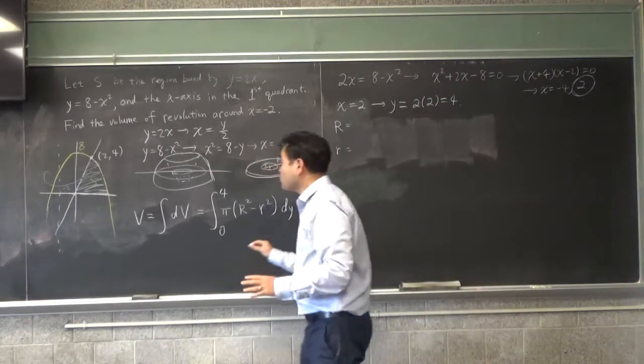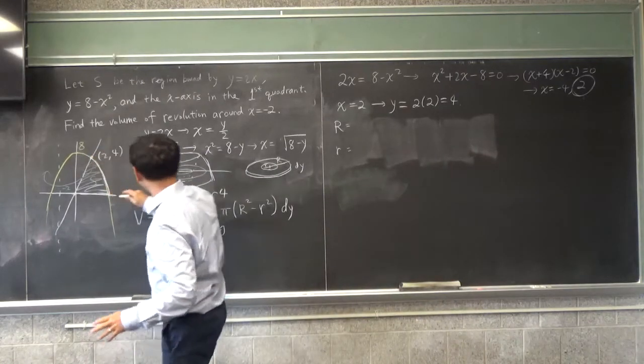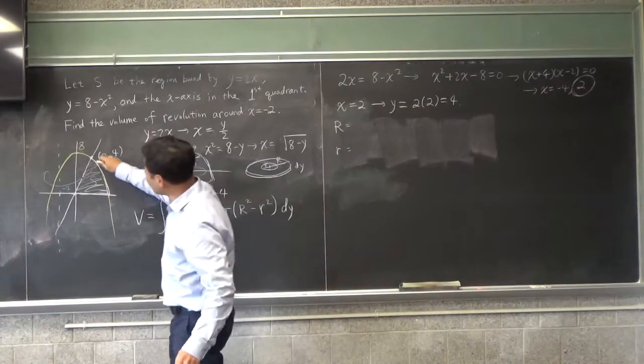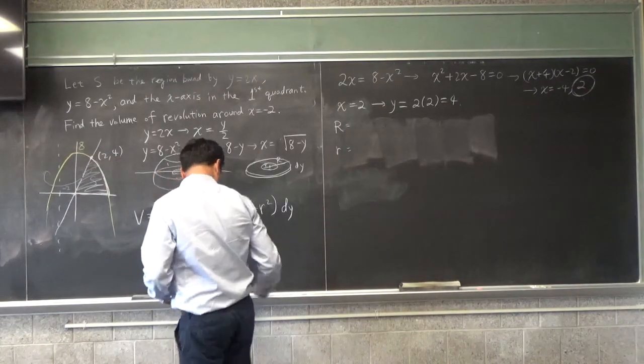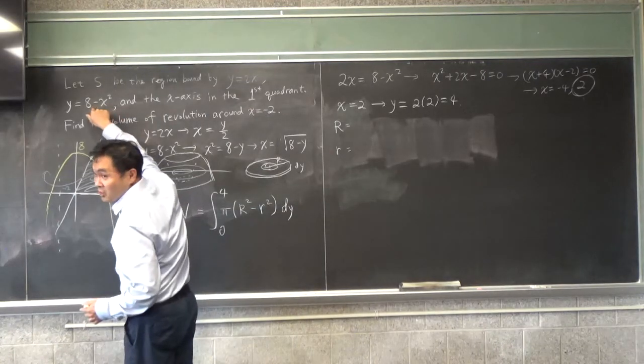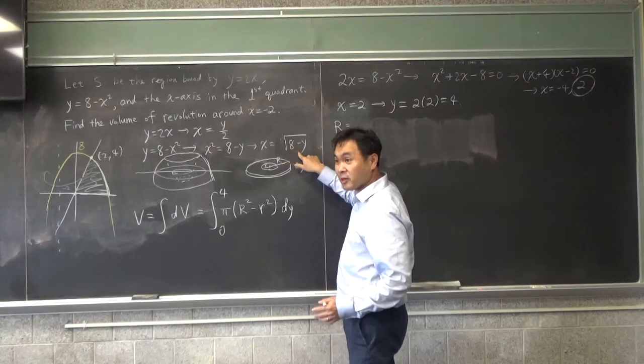All right, so we're going to do right minus left. Which of the equations on the board describes this curve here? It's y equals 8 minus x squared, right? But we don't want to use this, we want to use it in y terms, this form, where it's a function of y, right?